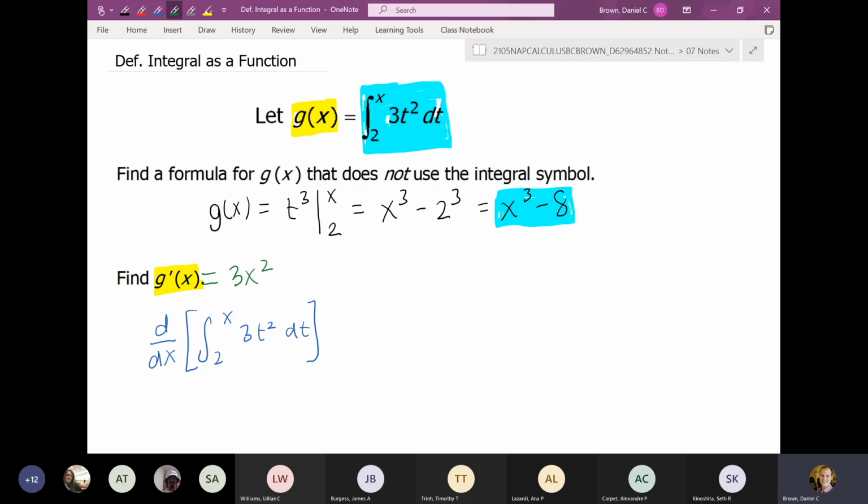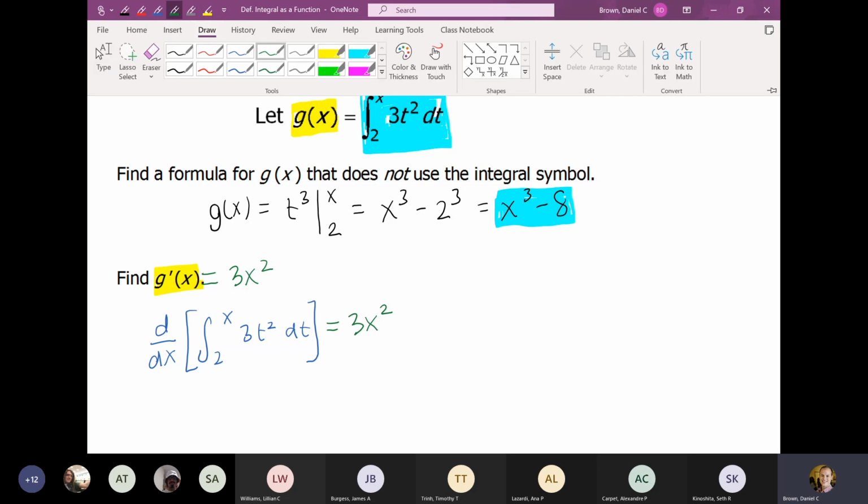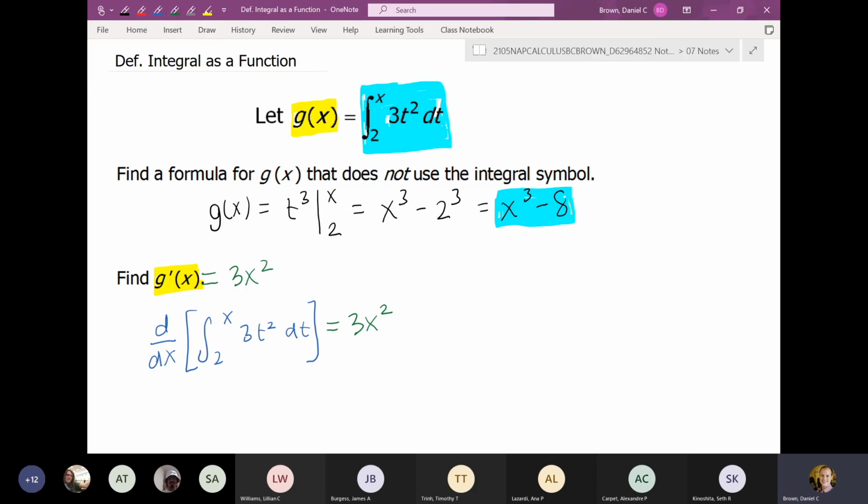So likewise, what's the derivative of this integral? The derivative of this integral would just be 3x squared. And I hope you can see the very close relationship here. We were integrating something that was 3t squared. In many ways, the derivative canceled out the integral sign, and what we're left with is 3x squared. And we would write that as 3x squared as opposed to 3t squared.